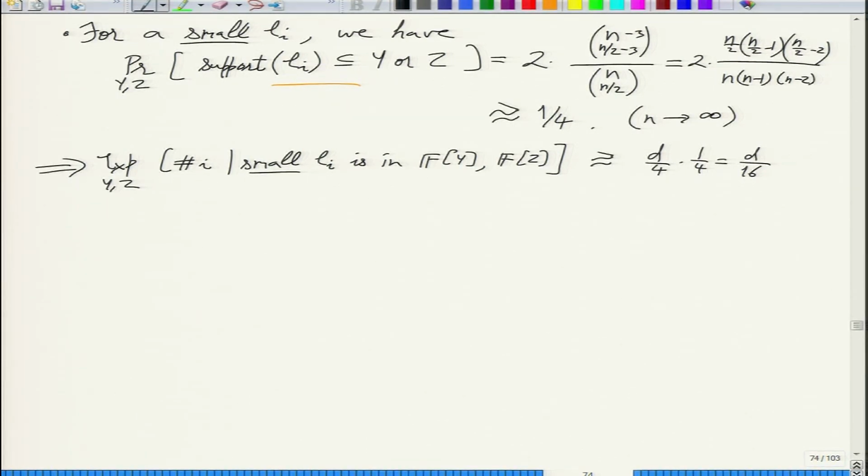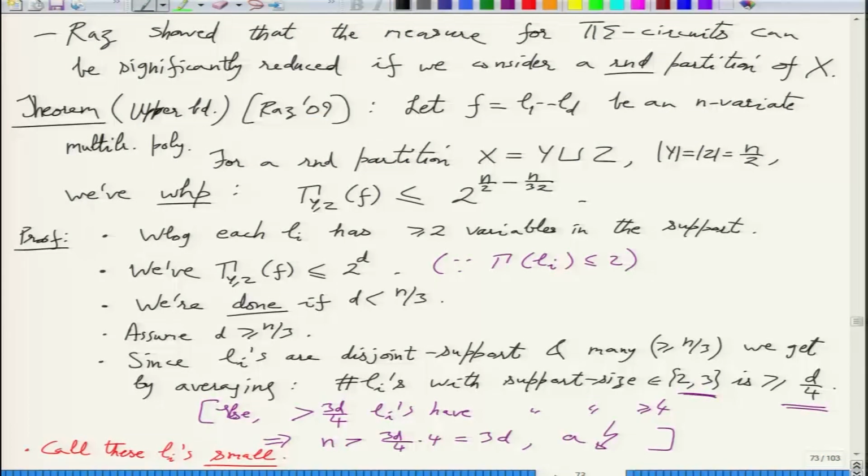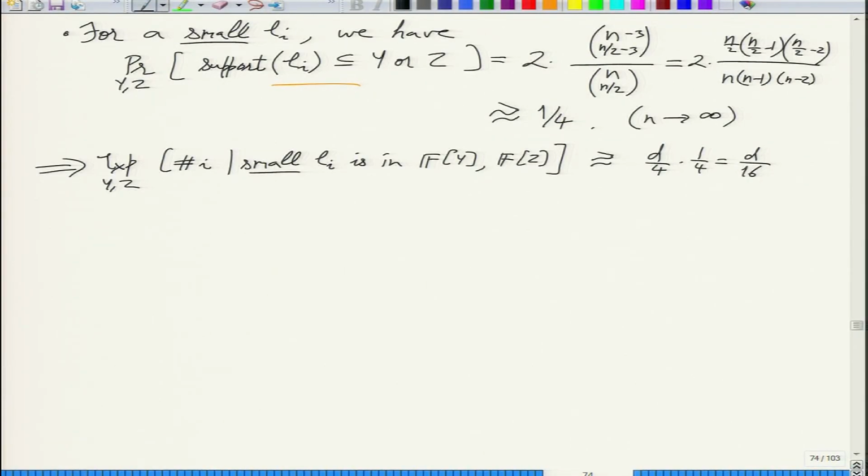So we have shown that the probability of Li being y free or z free, for a fixed small Li, is at least 1 by 4. That gives us the expectation of 1 by 4, which is the probability, times d by 4, which is the number of small Li's that we have seen before. So the expectation of these small Li's that ultimately will not contribute to the rank or the measure.